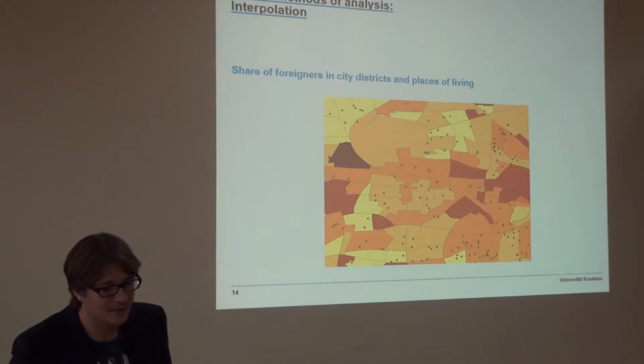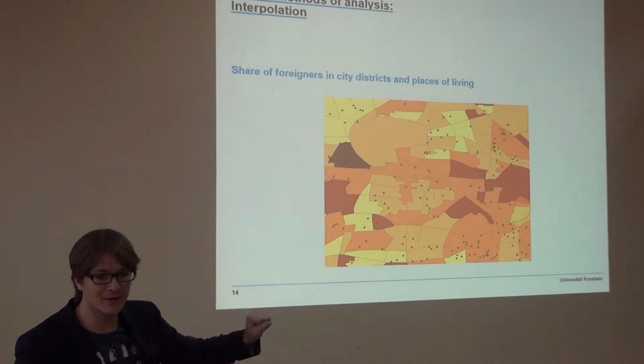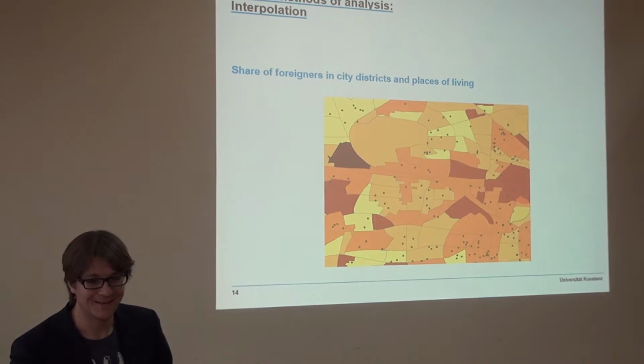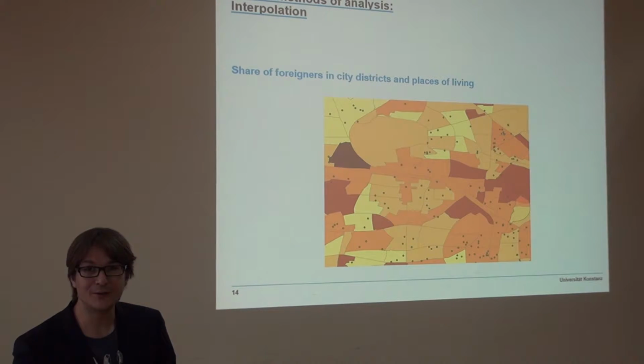So for example, here we have different neighborhoods in Munich, I think. It was a project of Katrin. They did a correspondence experiment where they wanted to measure discrimination on the housing market.